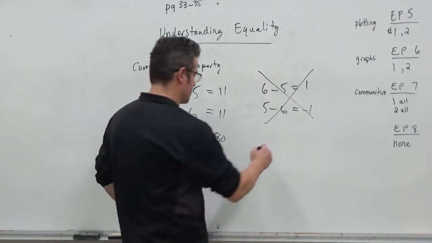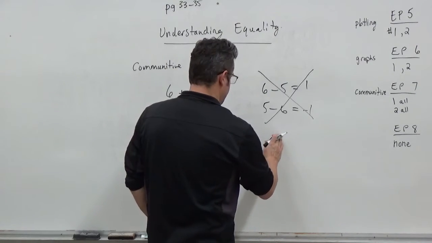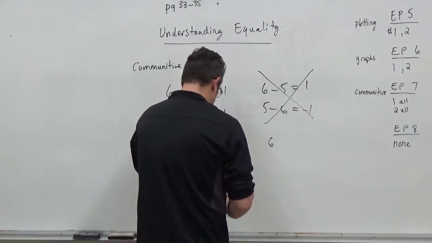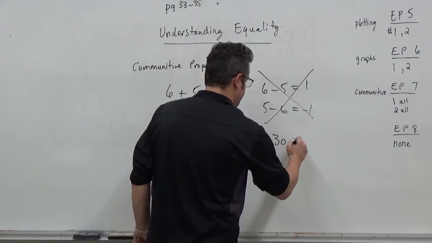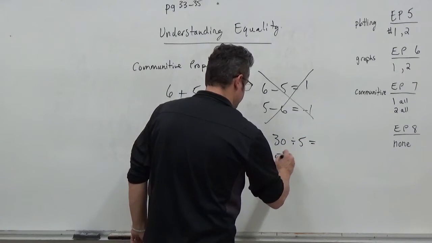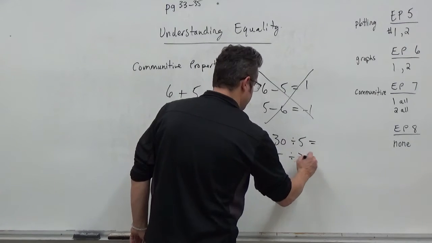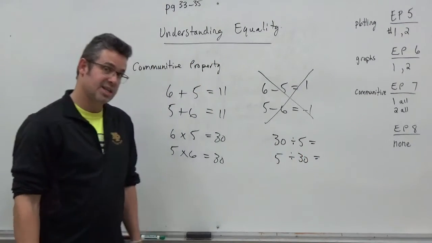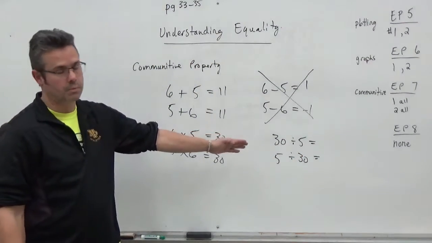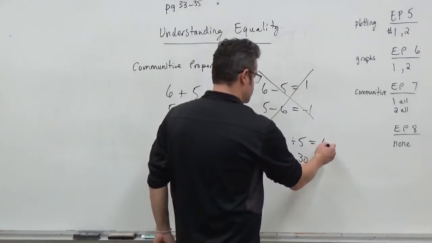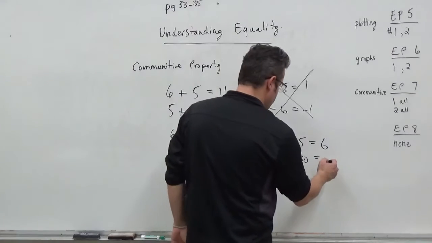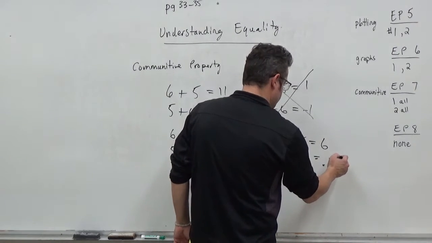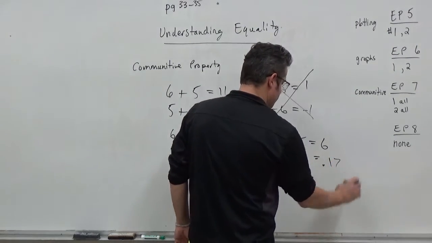What about division? We could use these same numbers, but let's go 30 divided by 5 and 5 divided by 30. Is that the same answer? No. 30 divided by 5 is 6, and 5 divided by 30 is a decimal, like 0.17 or something like that.